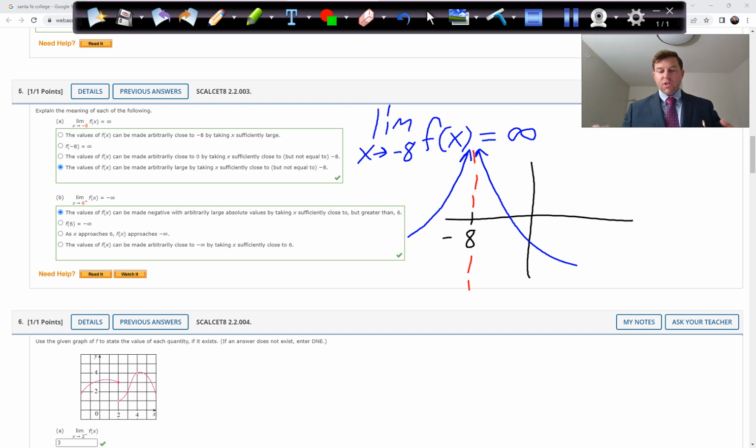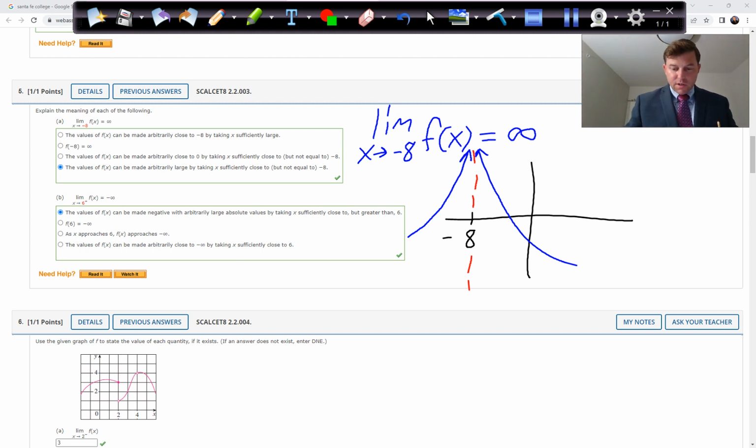So if your function skyrockets off to what looks like a vertical line, that's called positive infinity, and we don't write the positive. Okay, so the words are, the value of f of x can be made arbitrarily large by taking x sufficiently close to but not equal to negative 8.